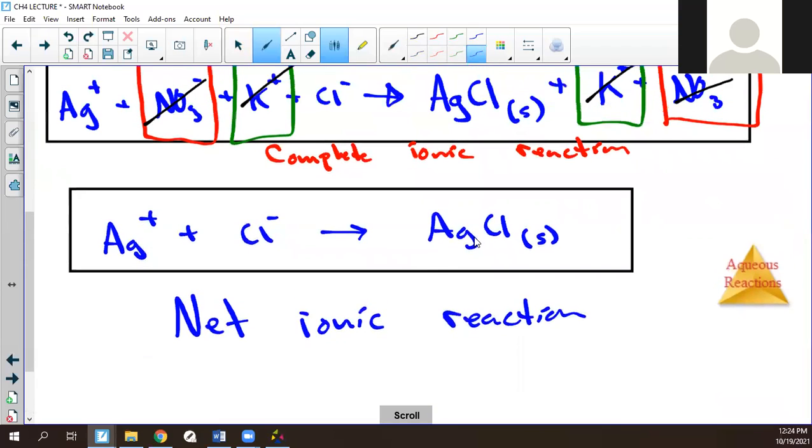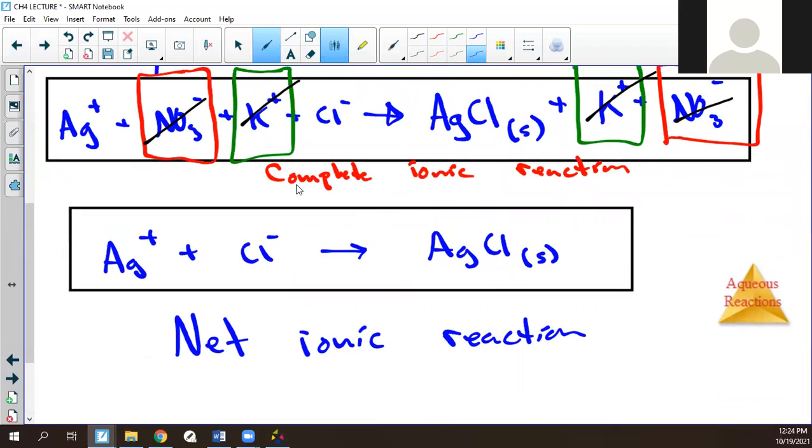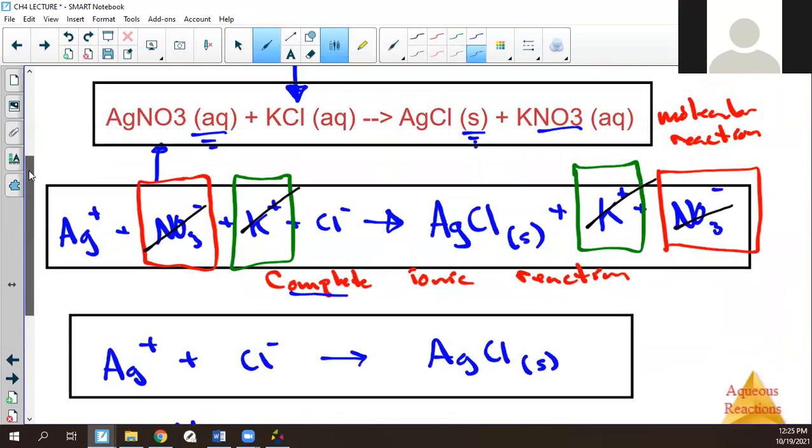Now notice these two have a similar name. One is the complete. That shows every single thing in the beaker. One is the net, which shows you what actually happened. Because really, K and NO3 didn't do anything. Yes. All right, I'll write it. That's a good question.